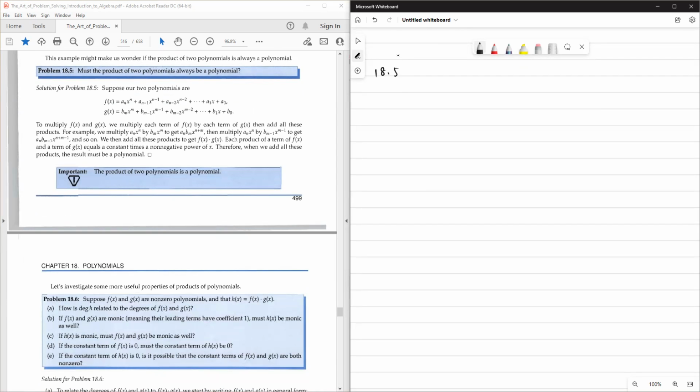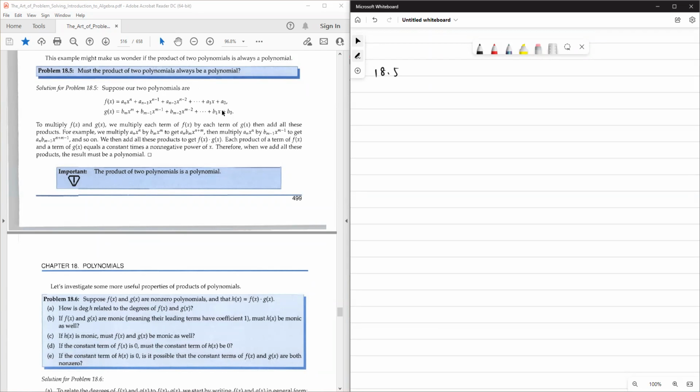Anyhow, this question is, must the product of two polynomials always be a polynomial? It's similar to, must the addition of two polynomials also be a polynomial? The answer is yes. Similar to when you add two polynomials, you always end up with a polynomial.